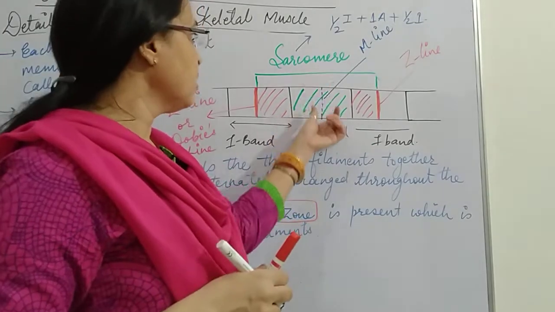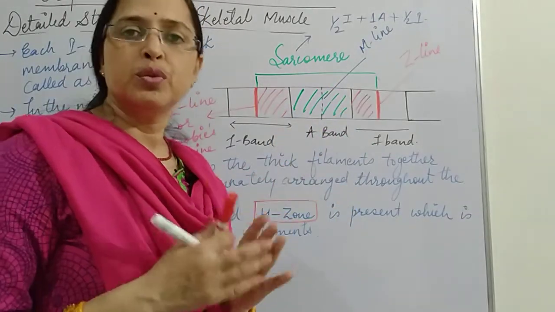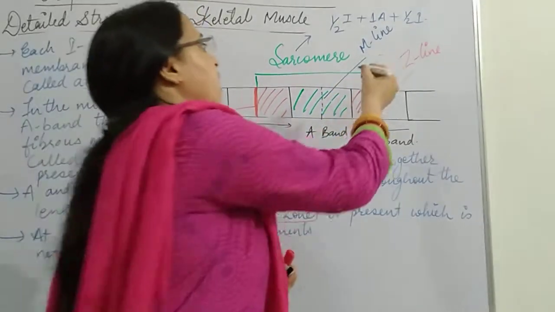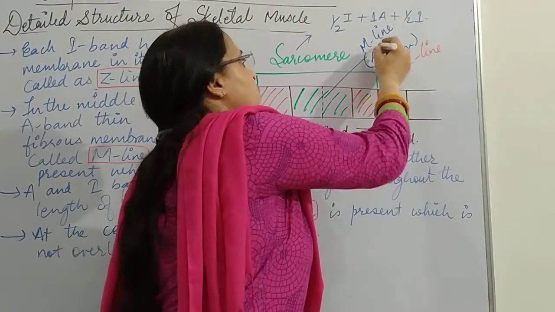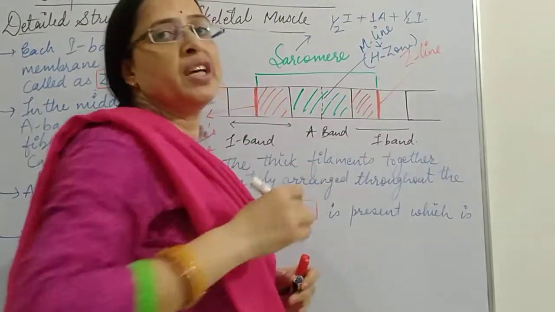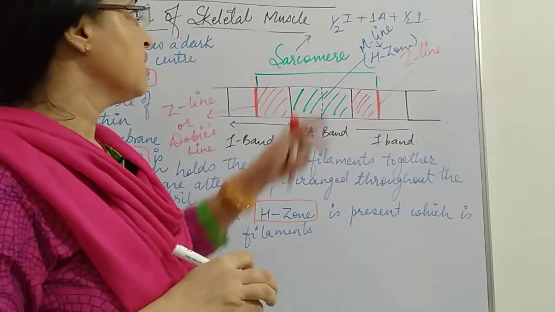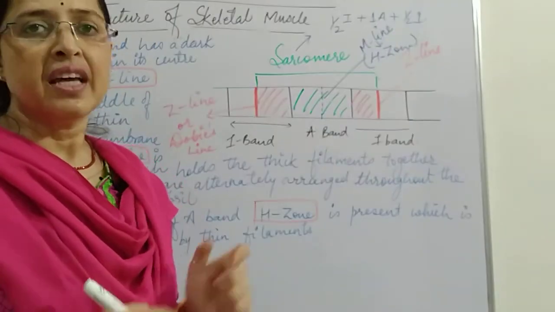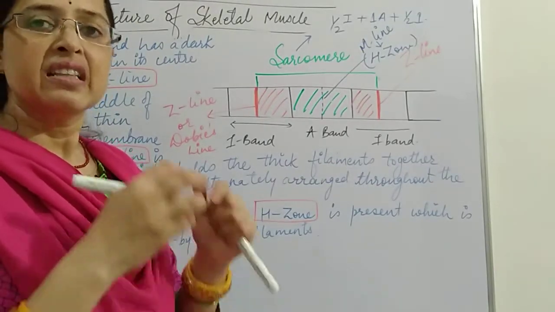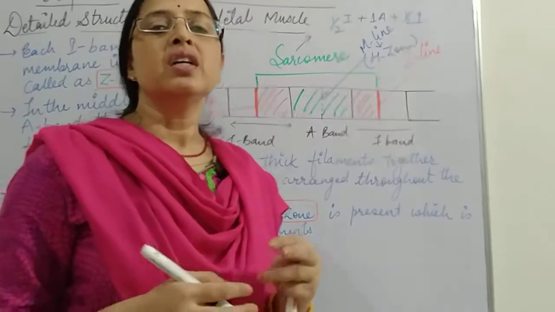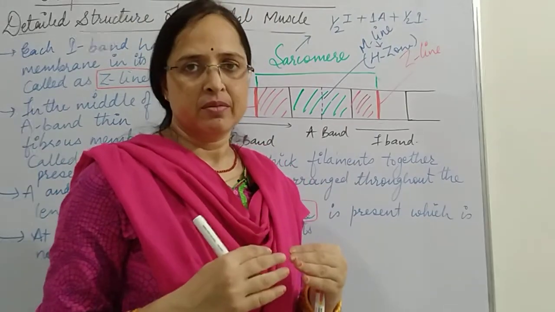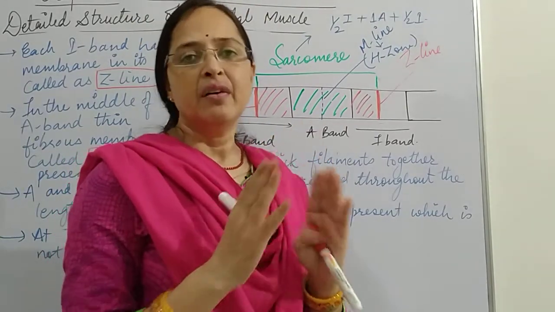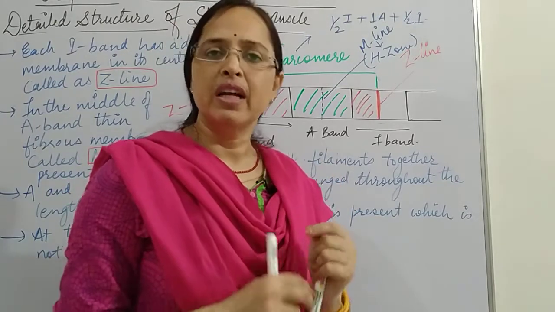I'll write over here, H zone is present in the center of the M line, and this H means Hansen zone. This is the region where the filaments do not overlap each other. That means they are free. They are away from each other. They are not overlapping each other.